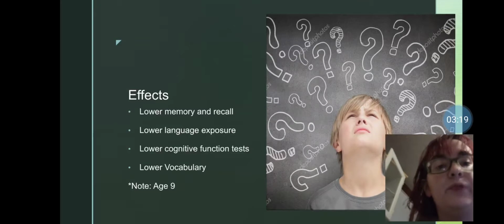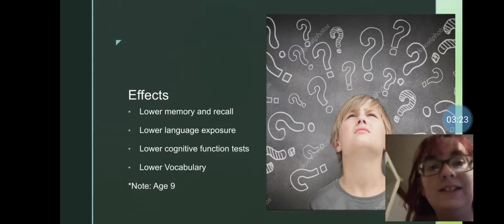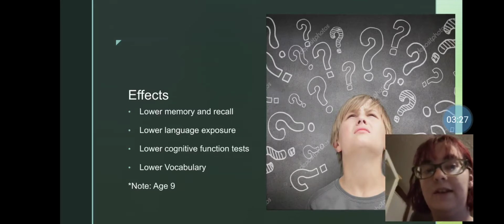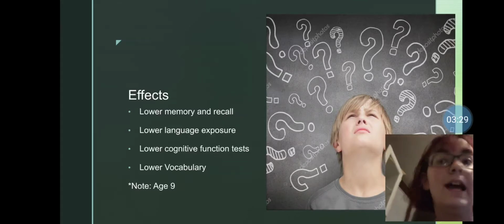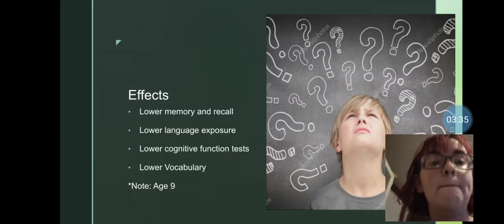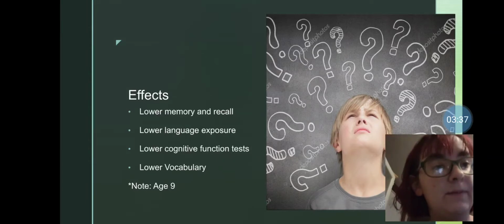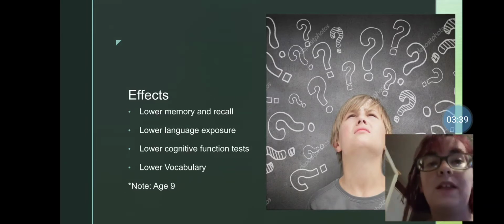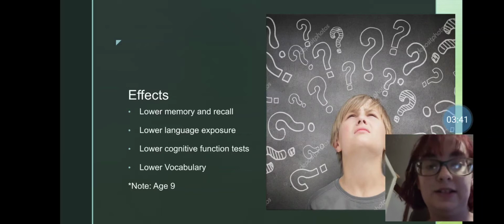Lower cognitive function tests. This should be noted, is kind of a gray area, because some of them that I found said this is absolute, lower socioeconomic status, lower oral communication skills. But some of them have found this isn't always the case, and that is covered in a later slide, so we will get to that.